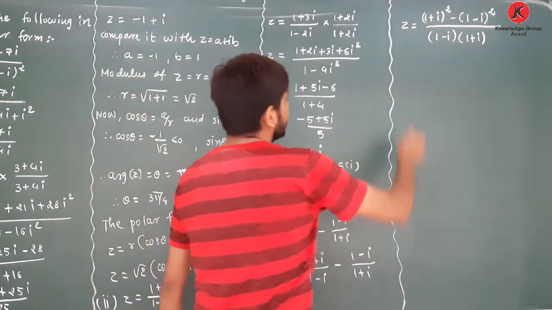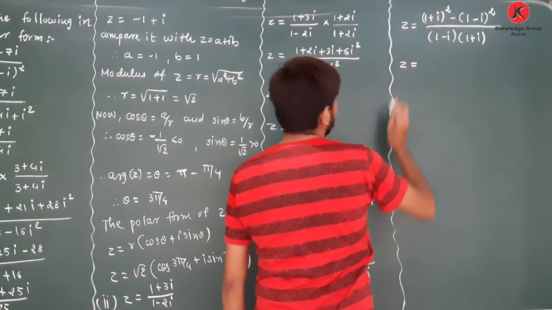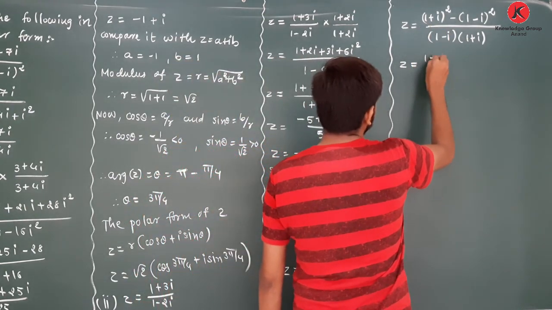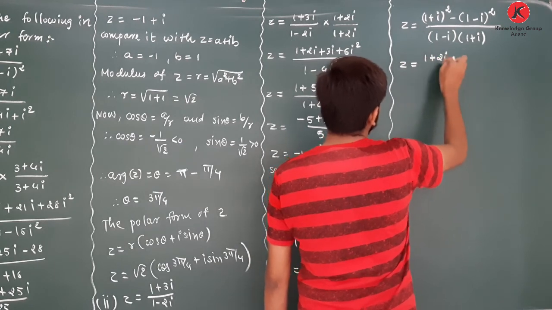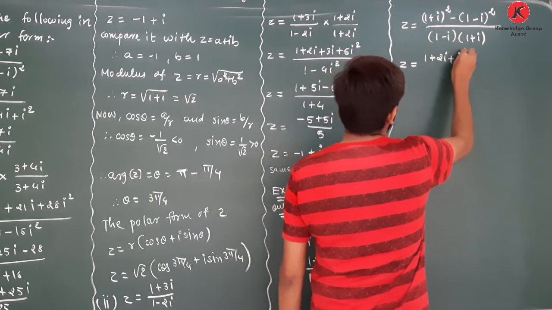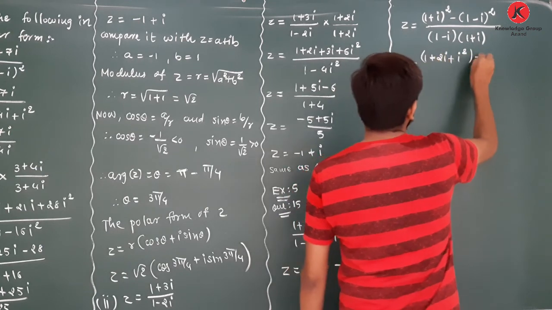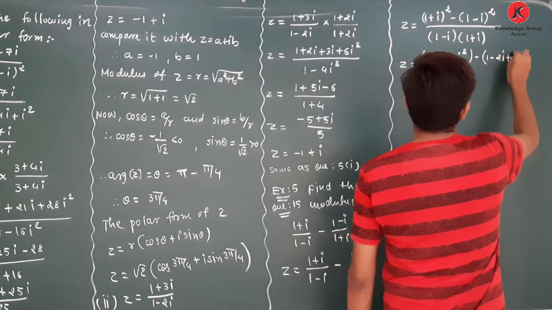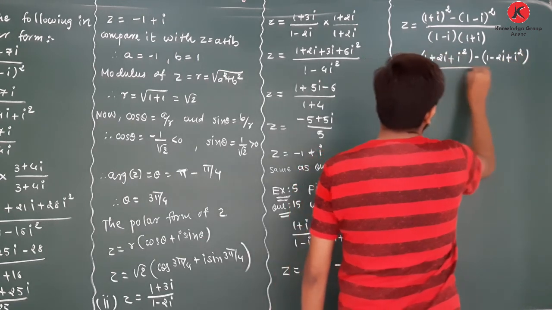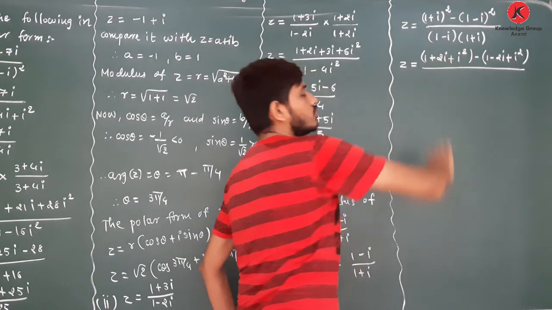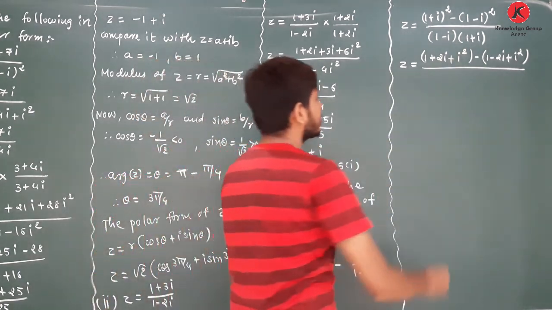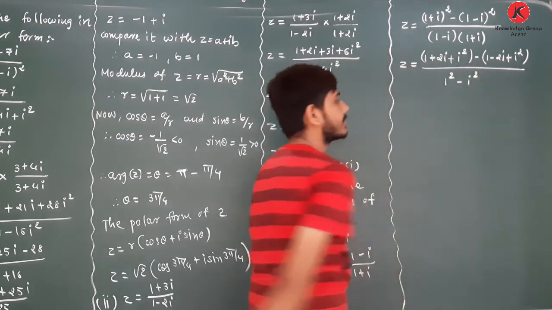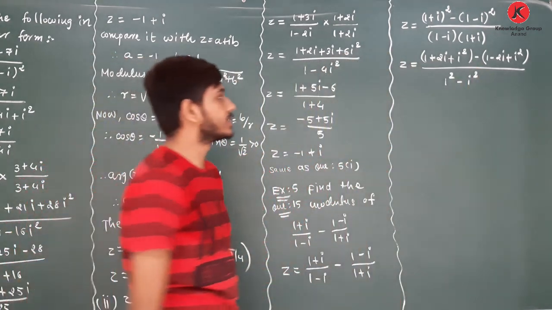Expand by using a plus b whole square and a minus b whole square. We are getting a square, 1, plus 2ab, 2i, plus i square, minus this one, 1 minus 2i plus i square, divided by a plus b into a minus b, which is a square minus b square, 1 square minus i square.